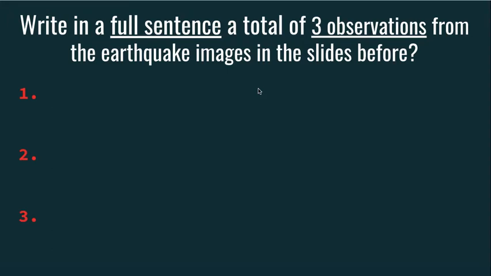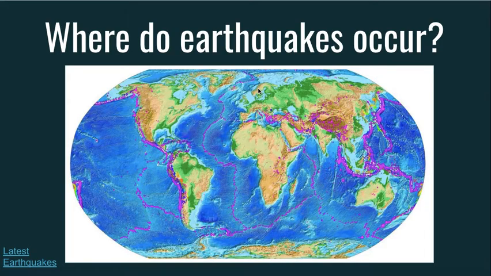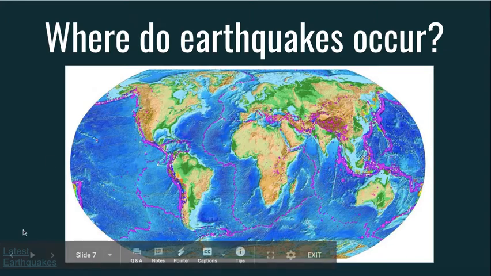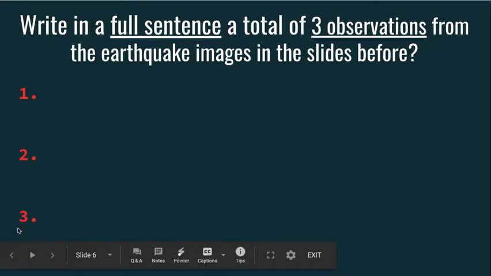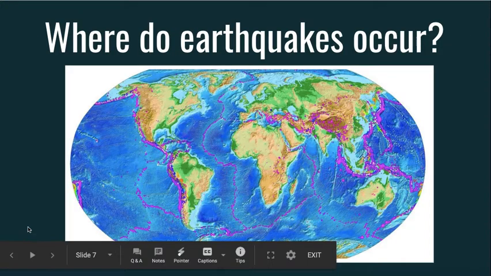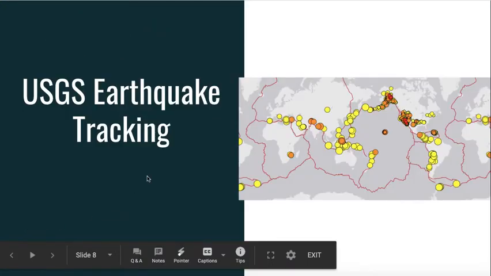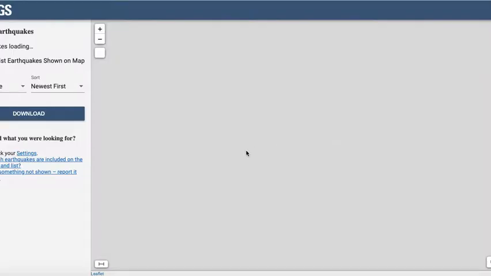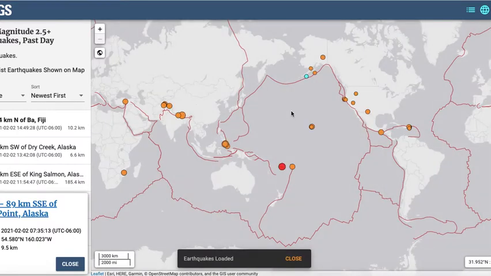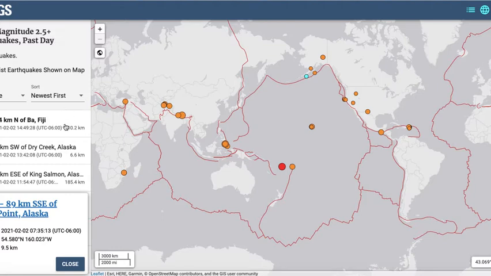Okay, so now you're back. You've written your sentences. Where do the earthquakes occur? This link is going to take us to the USGS earthquake tracking. So if we click here, this takes us to an interactive site that shows us earthquakes of magnitude 2.5 and above in the past day.